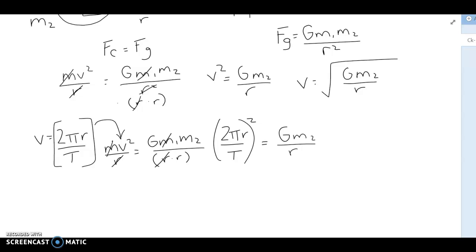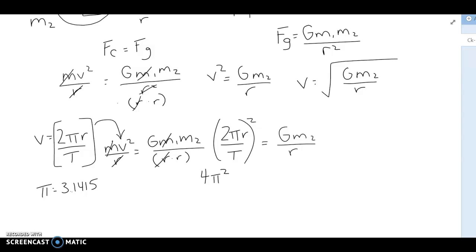Okay, cool beans. So now what we're going to do is take this and square this stuff on the left side. So that looks a little better. 4 pi squared. And we're going to use pi equals 3.1415.